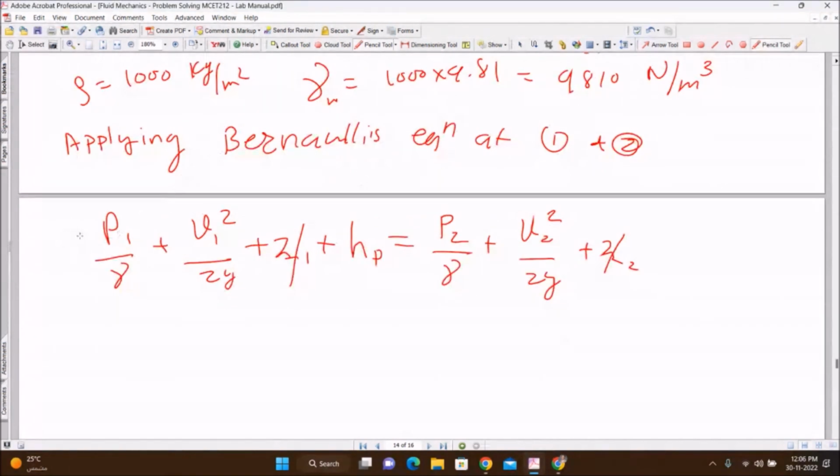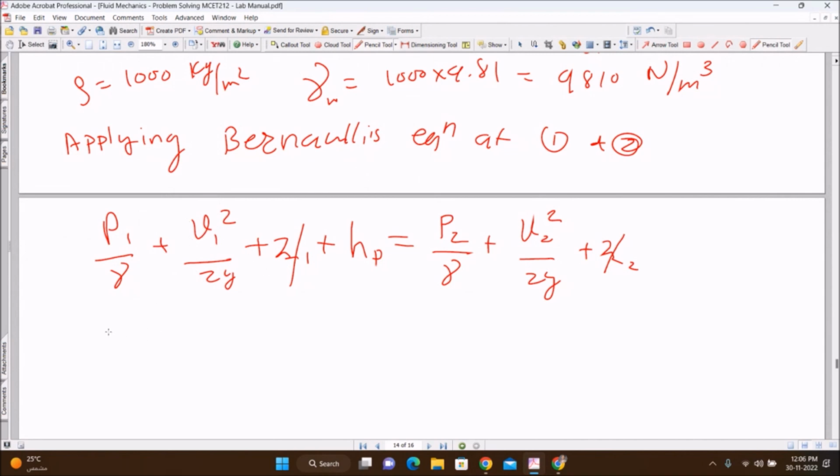Now, here what we need, the pressure P1 and P2 is given to you. Now, velocity V1 and V2 I need to find. As discharge is given, diameter is given, I can find out velocity. Then I can find Hp.